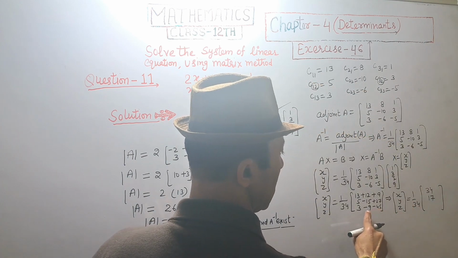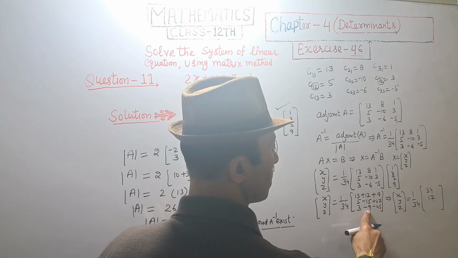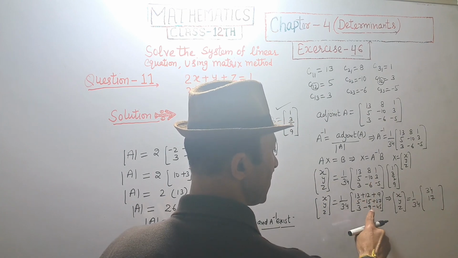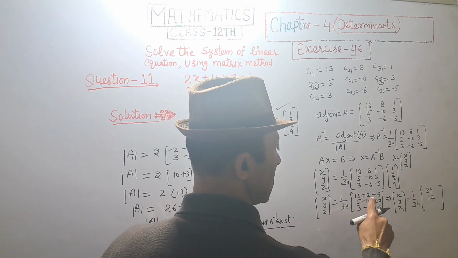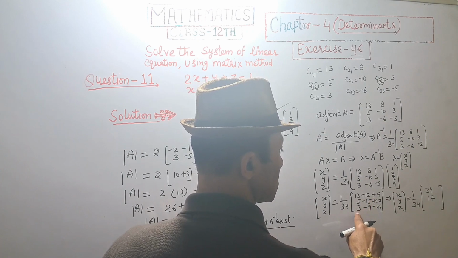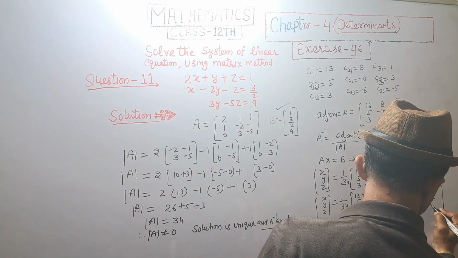And 45 plus 9 is 54, that is negative 54. Negative 54 plus 3 is negative 51.